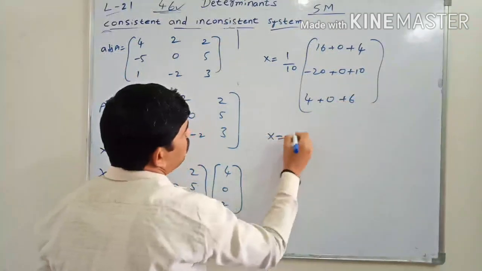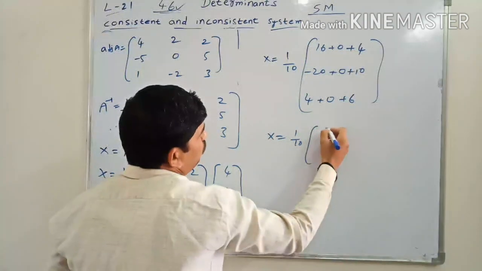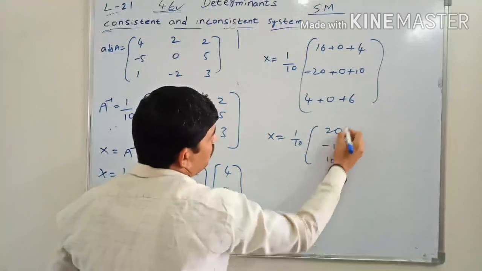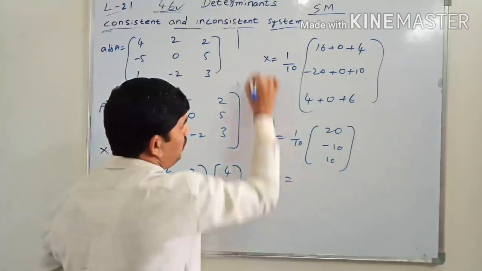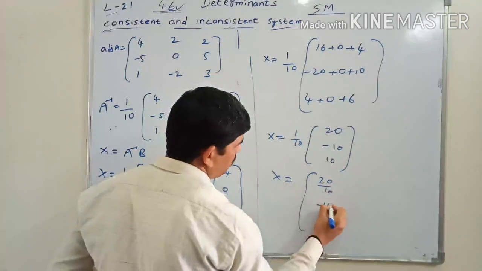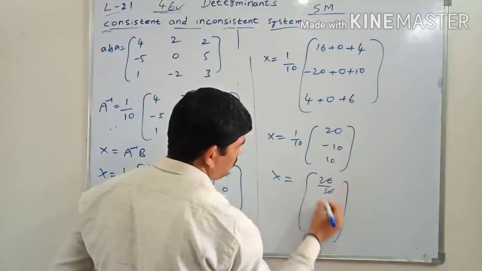Over. So x is equal to 1 by 10 into, the first row is 20, second one is minus 10, third one is 10. Multiply 1 by 10 inside the bracket matrix, so that is 20 by 10, minus 10 by 10 and 10 by 10. Okay, it gets cancelled here.